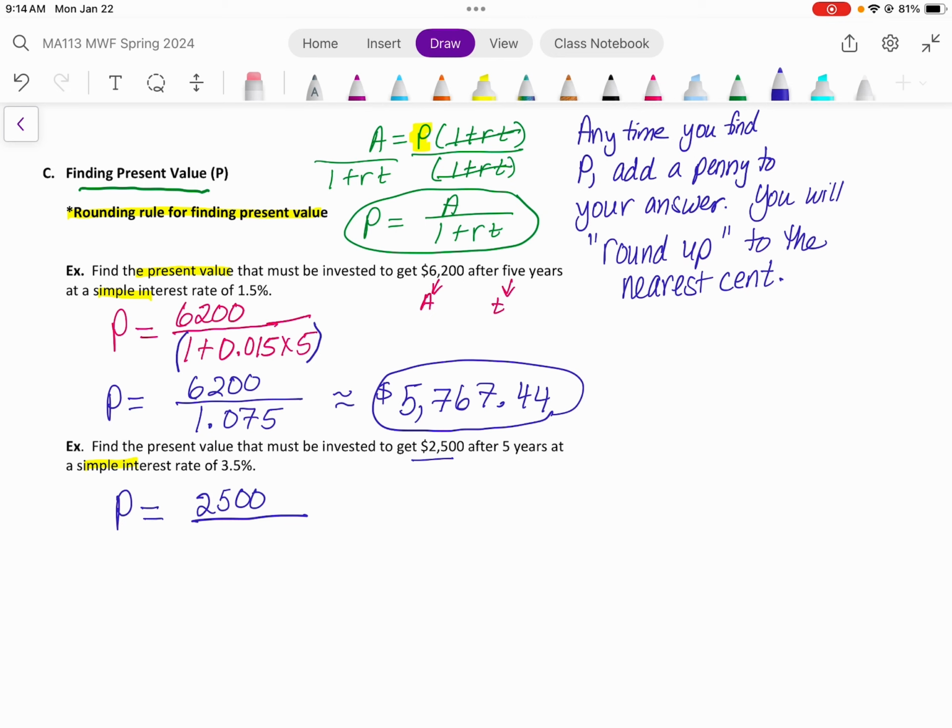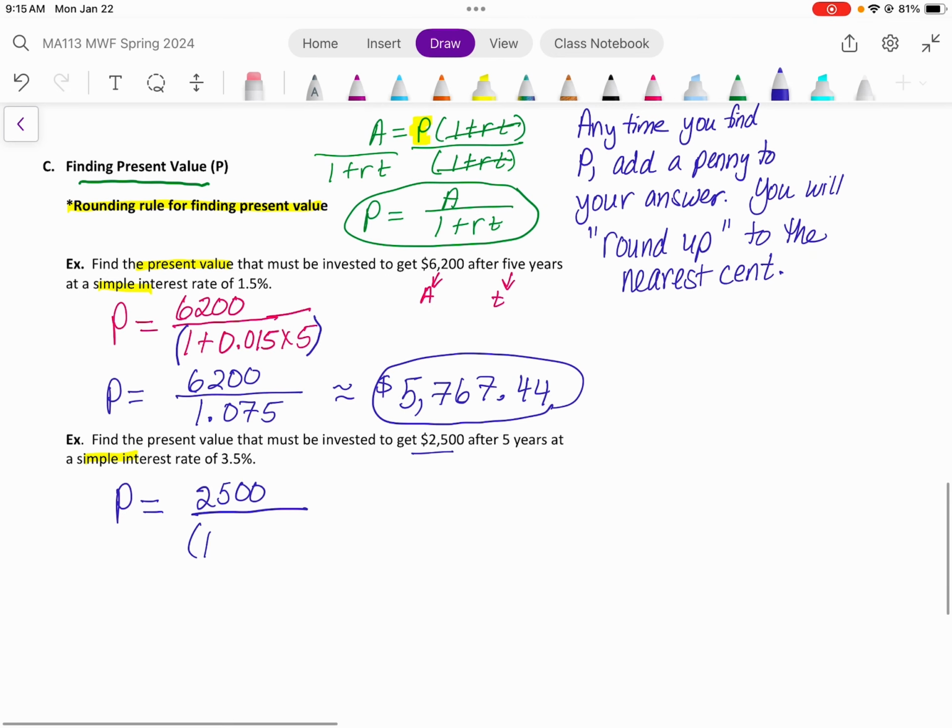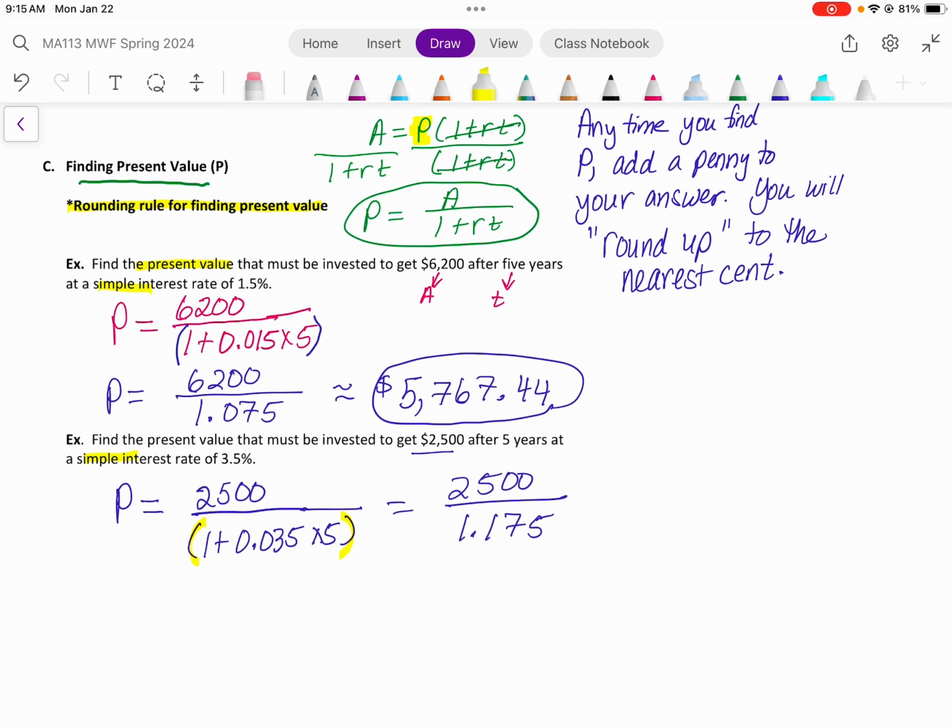All right, our denominator then is 1 plus our rate times 5. All right, so that's 2,500 divided by 1.175. Again, if you're doing this with your calculator in one step, you have to have those parentheses around your denominator. Otherwise, it will likely give you an incorrect answer.